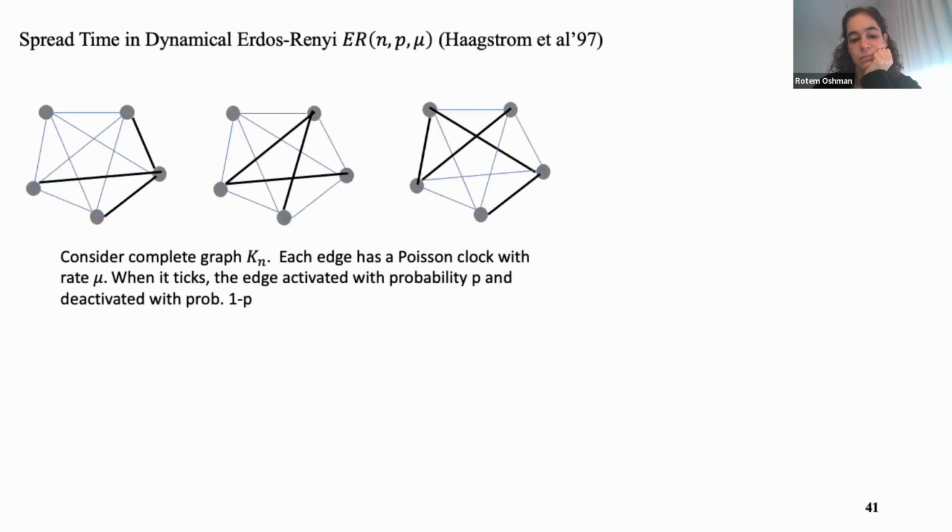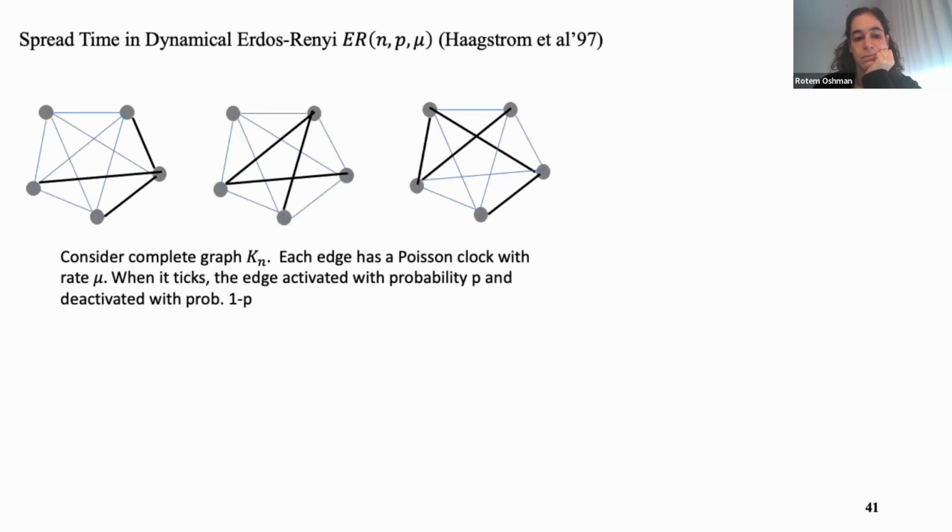The last dynamic graph we consider in this work is the dynamical Erdős-Rényi graph, which was first introduced by Hagström and others. The model inherits properties of popular Erdős-Rényi graphs, while it has some dynamic aspects. This dynamic model starts with a complete graph Kn, and each edge is equipped with a Poisson clock of rate mu.